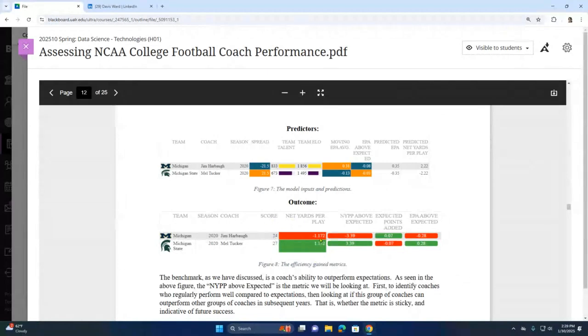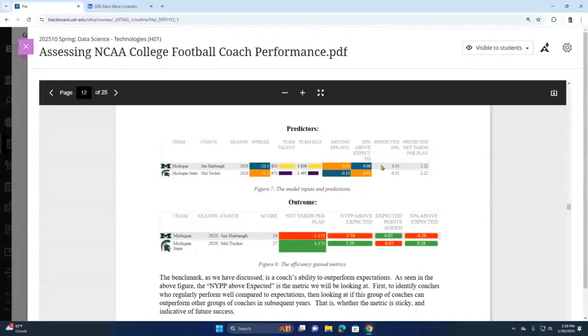Who actually won? What were their actual yards per play? And how well did they do above what was expected? So notice here, the model was predicting like 2.22 yards per play, and it was actually negative 1.172, and so the difference between the two was 3.39.